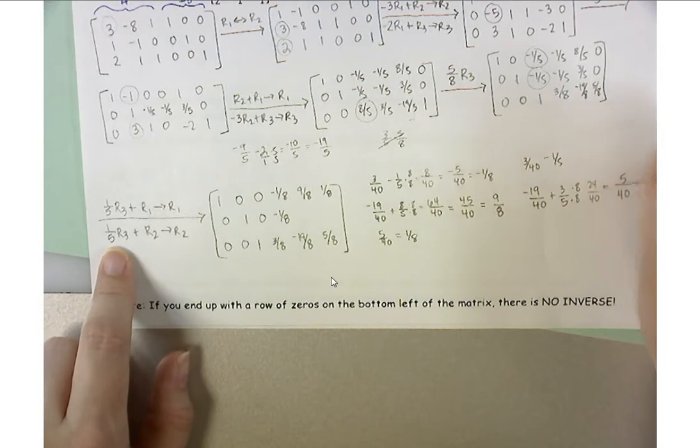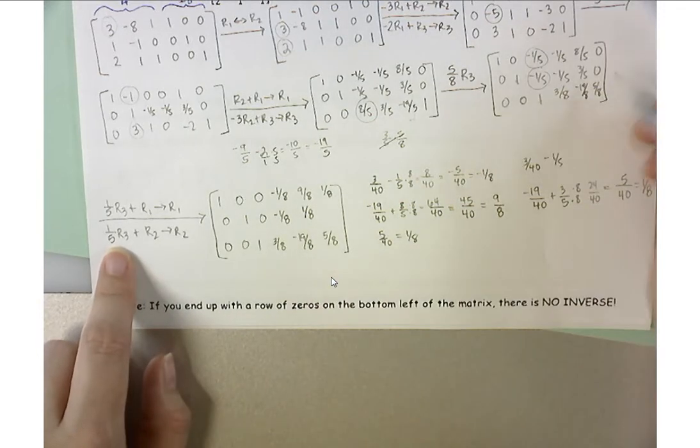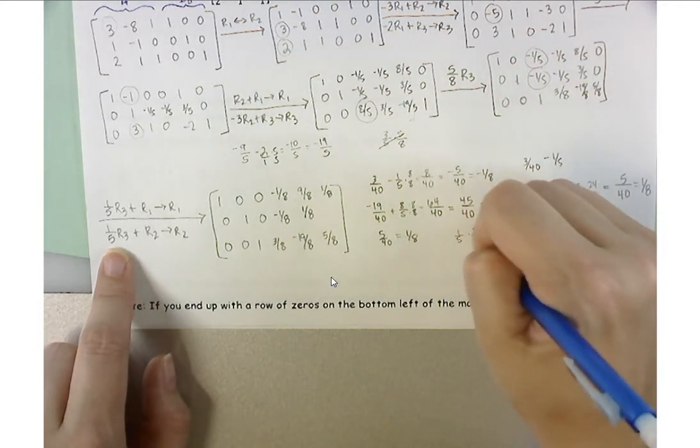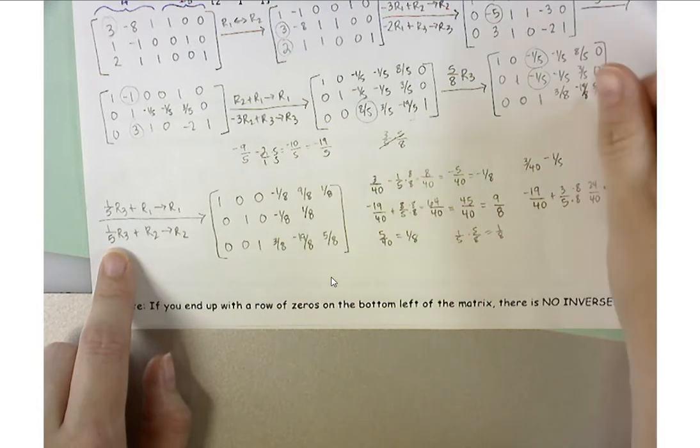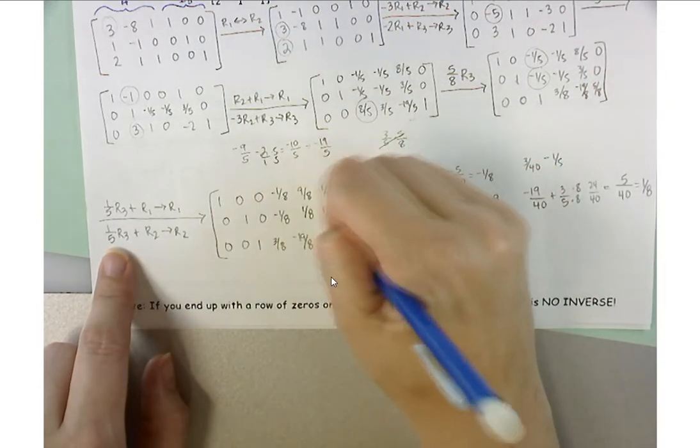So 5 over 40 is 1 over 8. Okay, and then for the last one, I have 1/5 times 5/8, which is what? It's just 1/8, and then if I add row 2, which is 0, I'm just going to have 1/8.